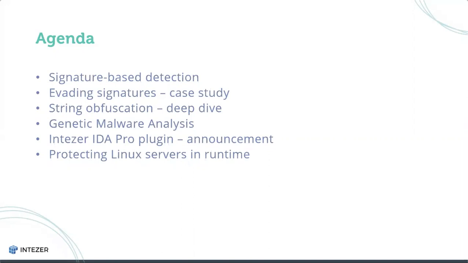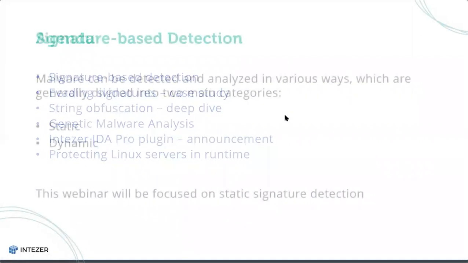We're going to explain how genetic malware analysis works, our own technology here, and how it stands up against these types of techniques. And stay tuned, we have a very important announcement about a little surprise. Lastly, we're going to demonstrate a really cool new system that we have in Intezer Protect and how that connects with everything we're going to talk about. So let's begin.